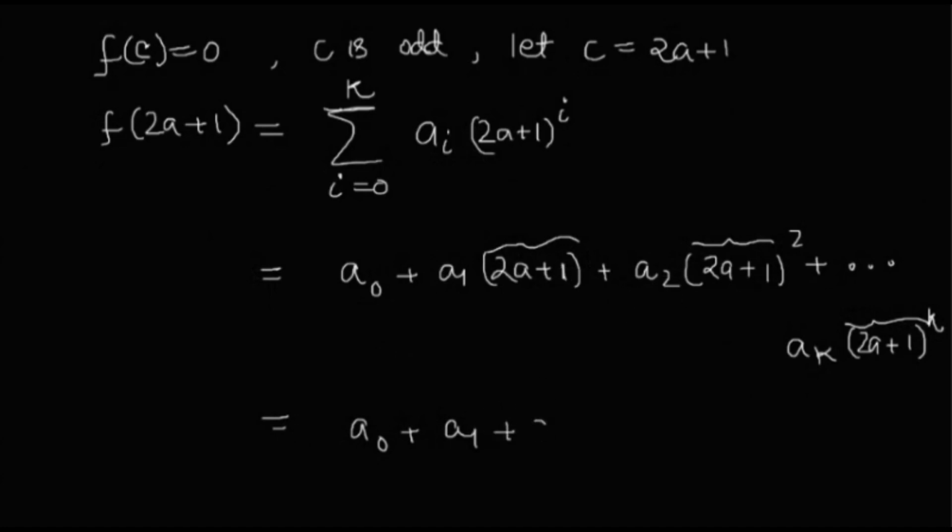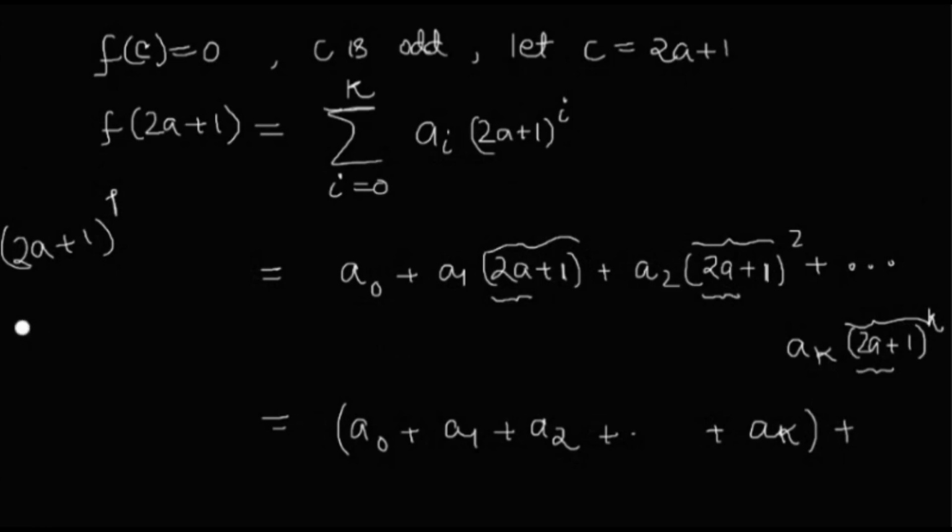You can also extract a2 from this 1 times a2, and you can actually extract the sum of the coefficients, right? And sum the rest of the terms of the binomial expansion.